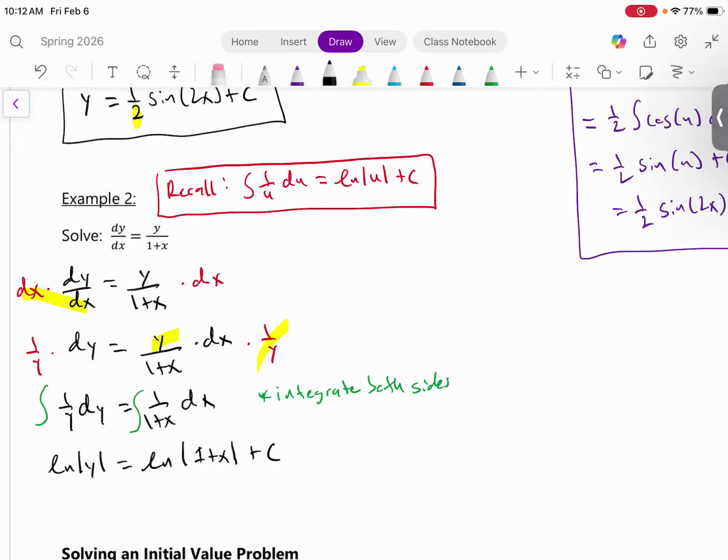What we're going to do to reverse that natural log is raise e to both sides. When we raise e to both sides, we get rid of the natural log. And so what I get is the absolute value of 1 plus x.